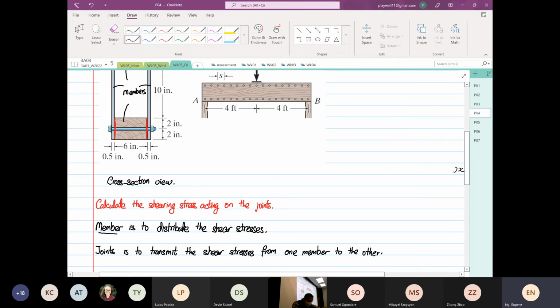You have to get the terms right. What is the objective of the member? The member is to distribute. In between two members, you have a joint. The joint is to transmit the load, to transfer the load from one member to the other member.